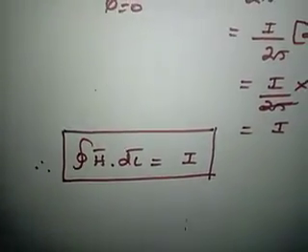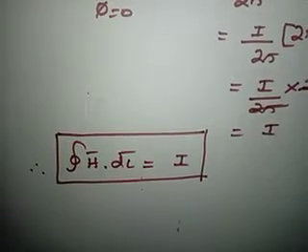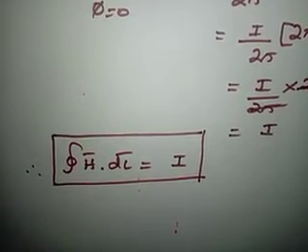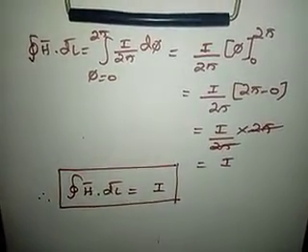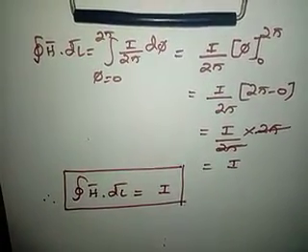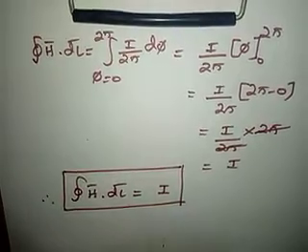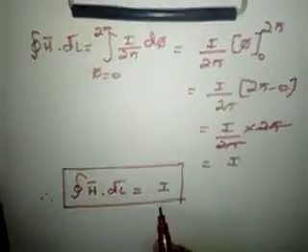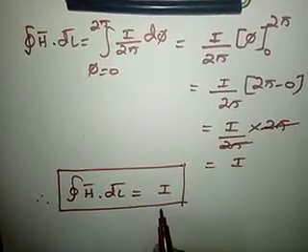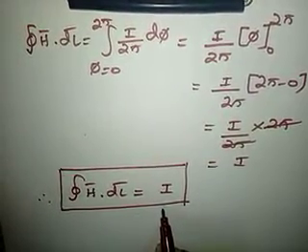They ask this in the examination. Many times it has been repeated, several times in the examination. One of the important points to be noted here is that this Ampere's circuital law equation is not restricted only to a circular shape.